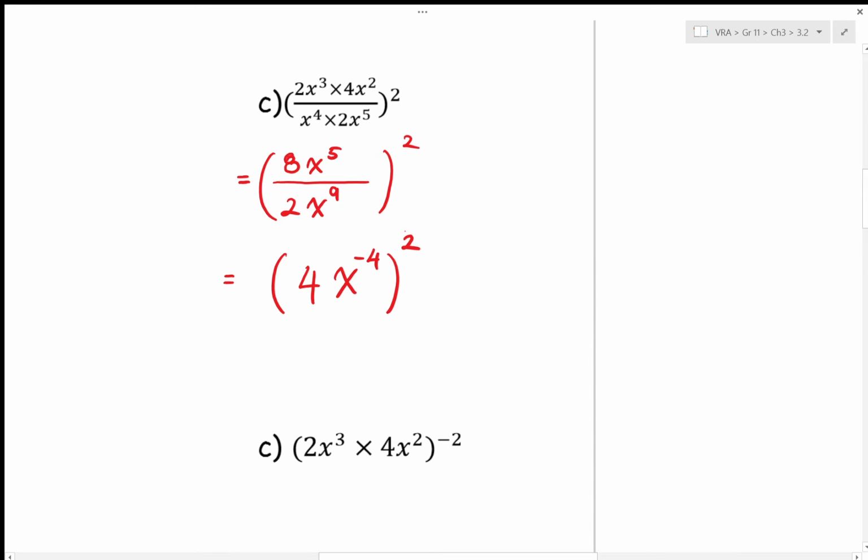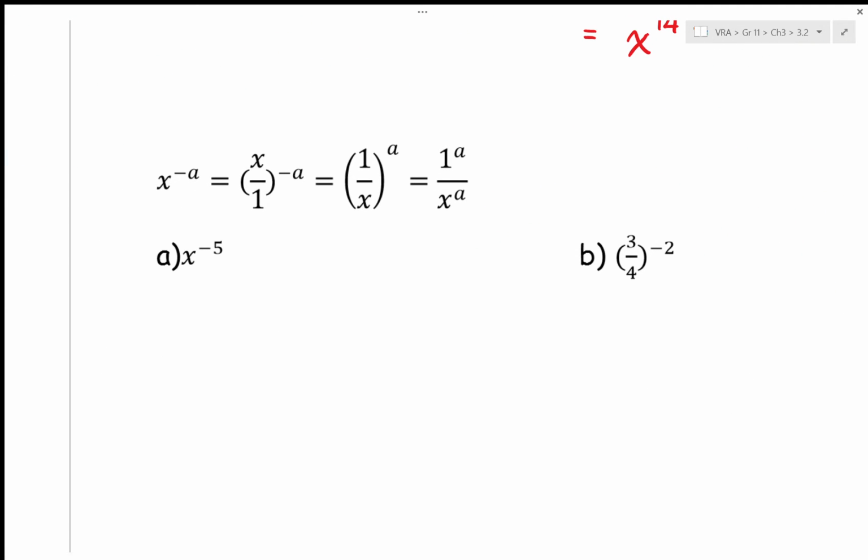So instead of the power of 2 being applied only to the negative 4, it's also being applied to the 4 as well. So every single thing that you see. So then this becomes 4 squared, and x to the power of negative 8, which is then 16x to the power of negative 8. Okay? So be really careful of it.